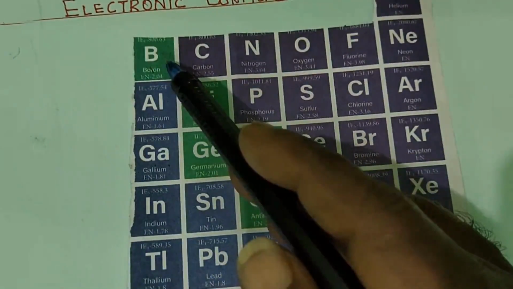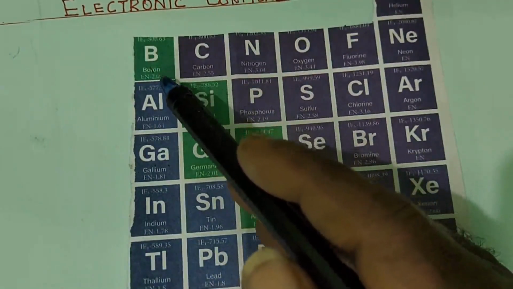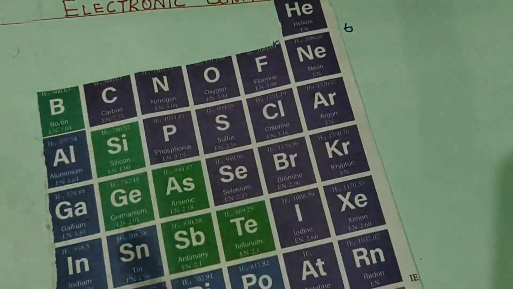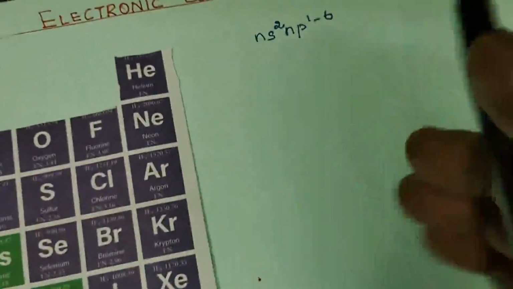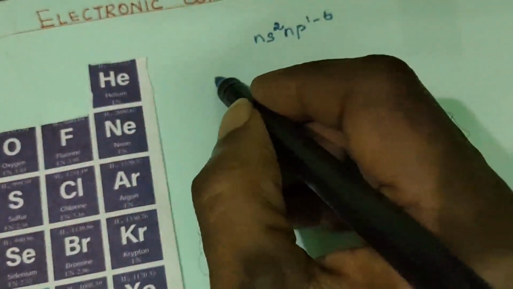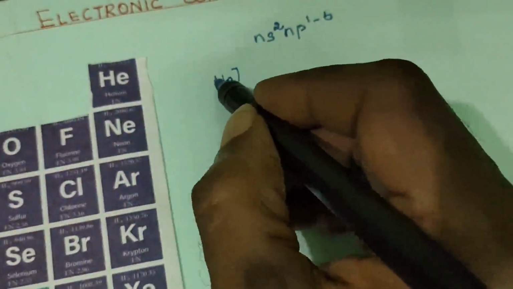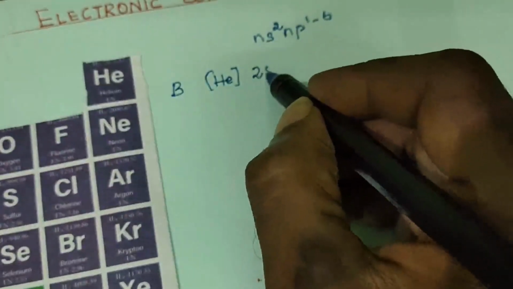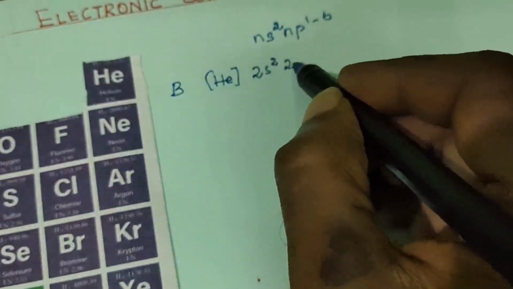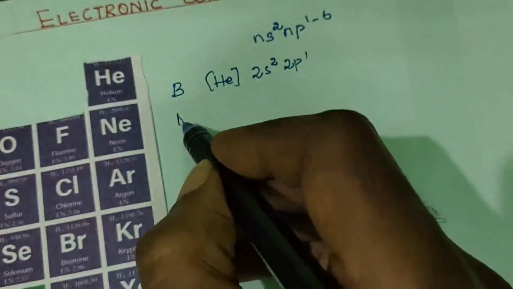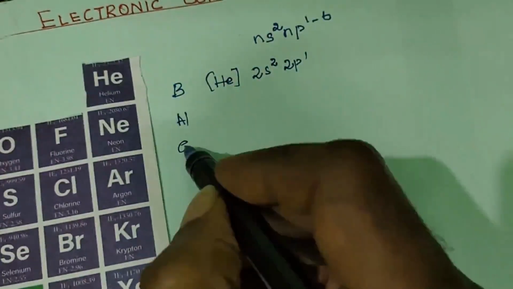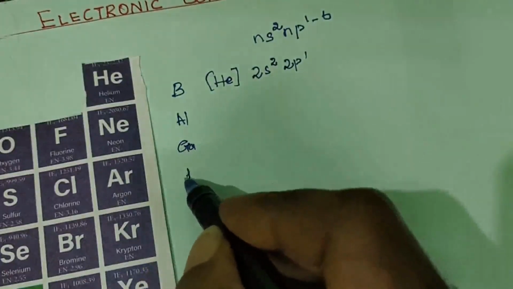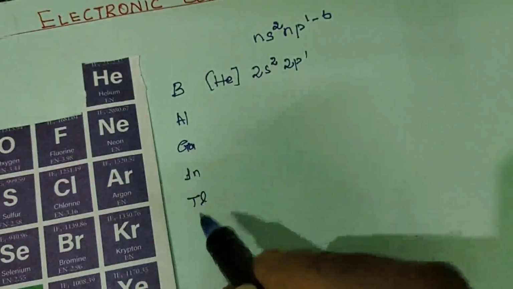Boron's electronic configuration is helium 2s2 2p1. The same applies to aluminum, gallium, indium, thallium, nihonium.